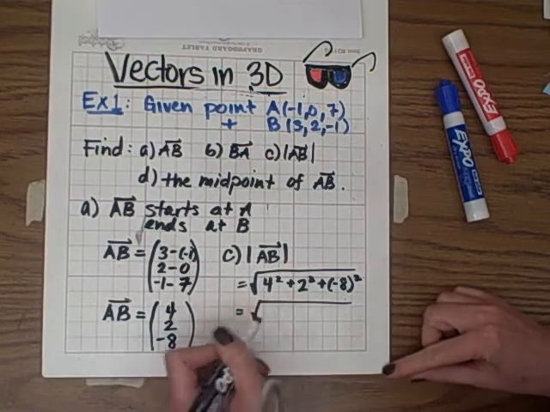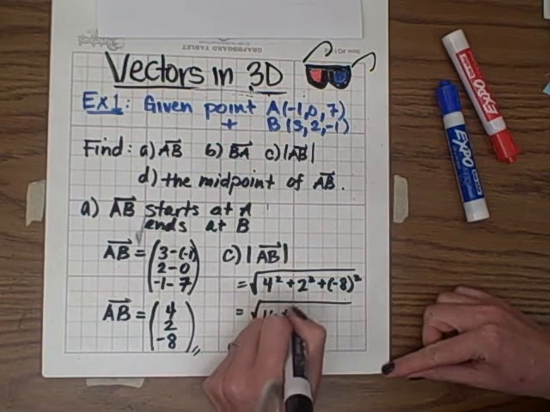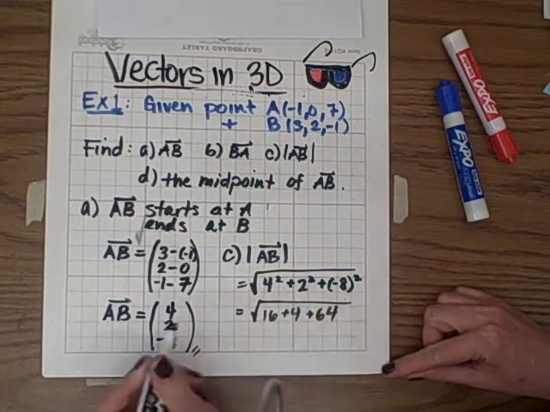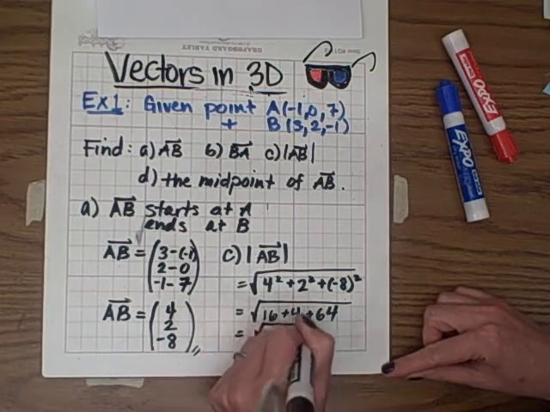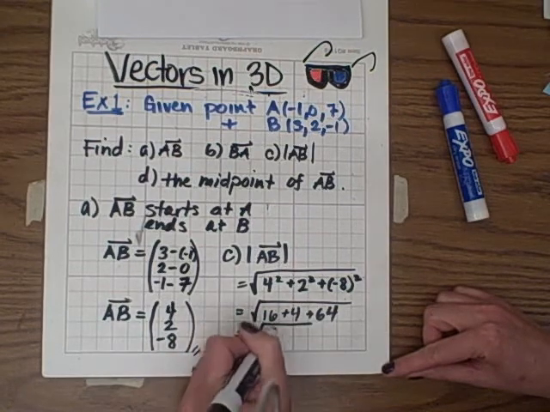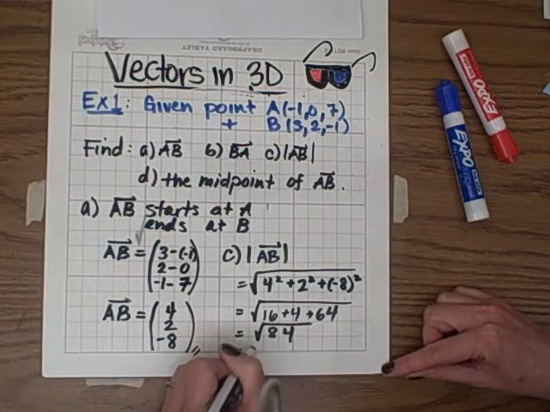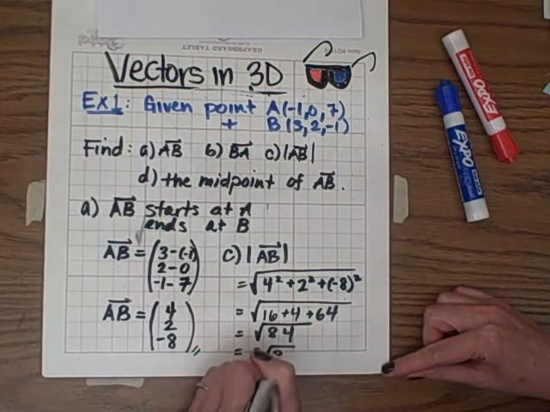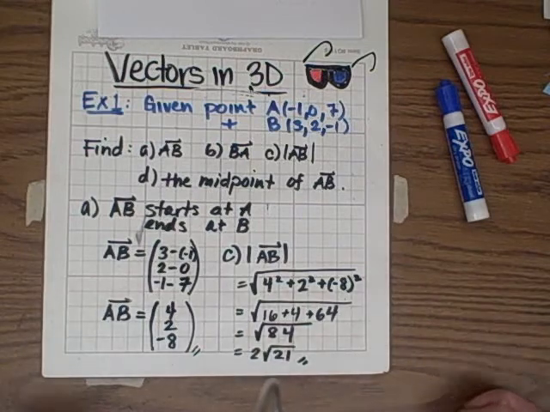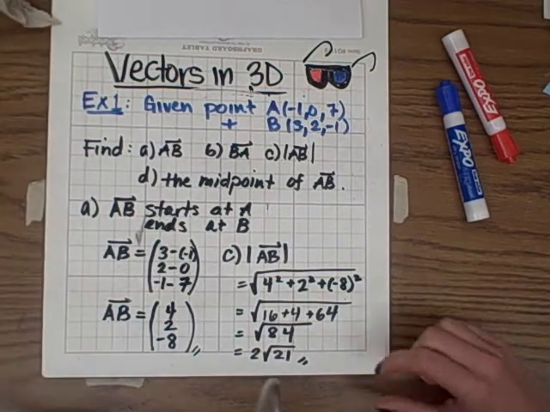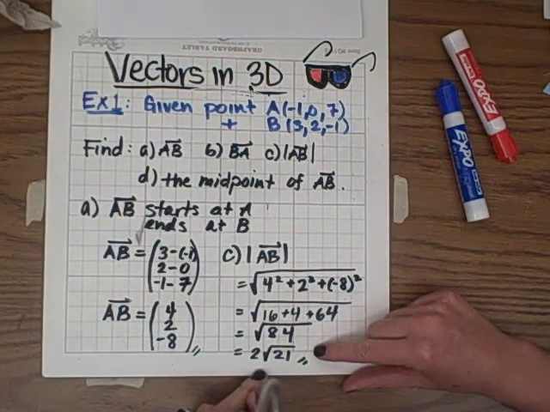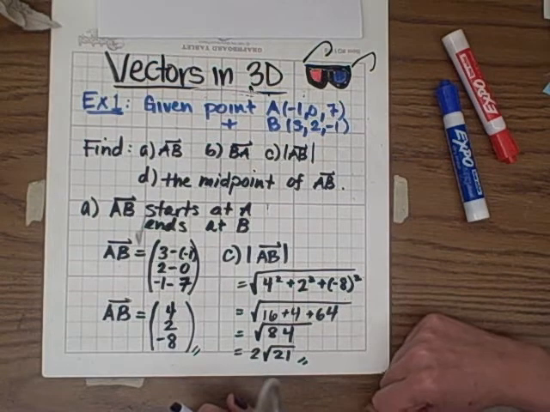Alright, so it would be 16 plus 4 plus 64, which is 20 plus 64, so square root of 84, which should be 2 times the square root of 21, I believe. Okay, so this is the magnitude of vector AB, which is the distance between point A and point B.